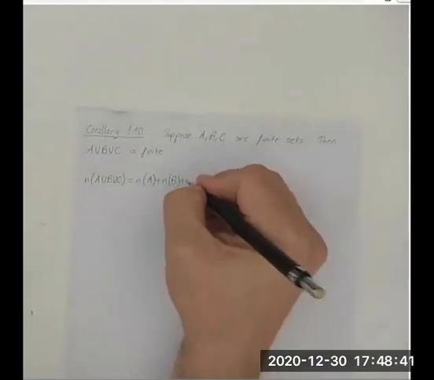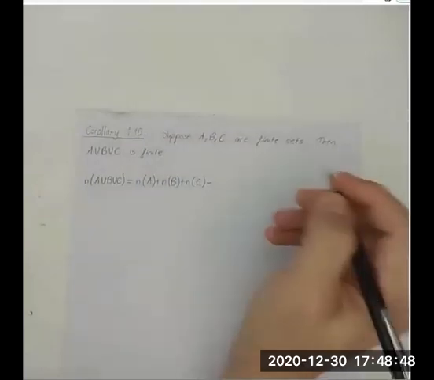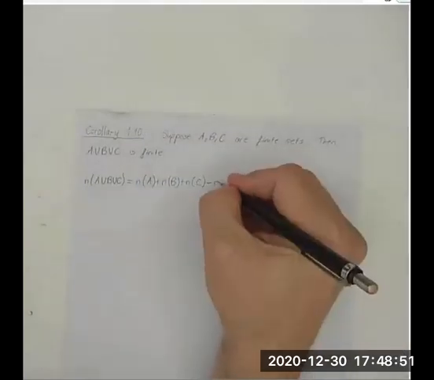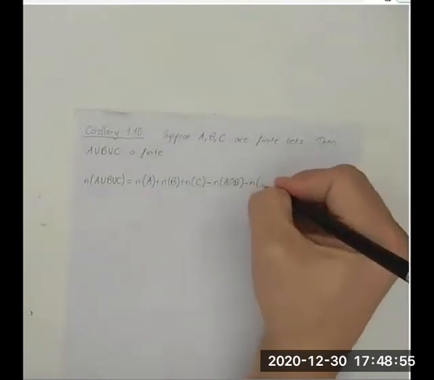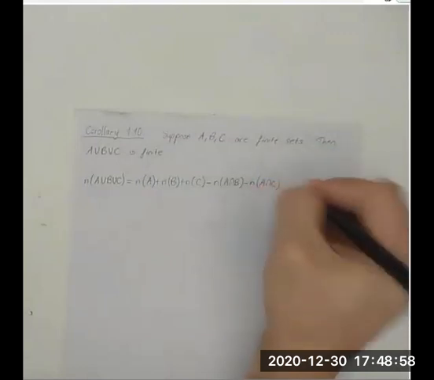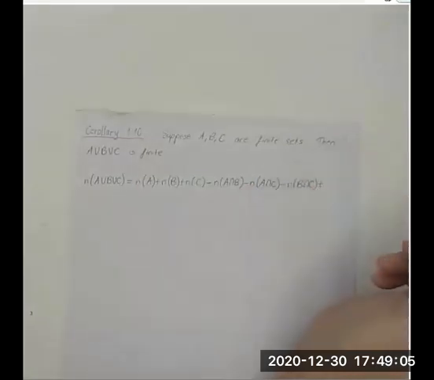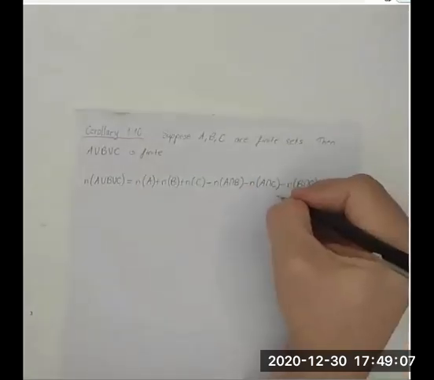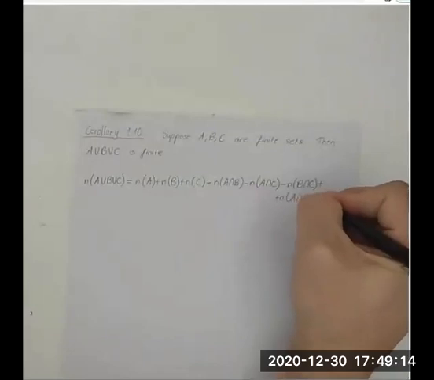If I have three sets, I have to subtract the intersection AB, minus the intersection AC, minus the intersection BC, plus, I need more space, A intersect B intersect C.